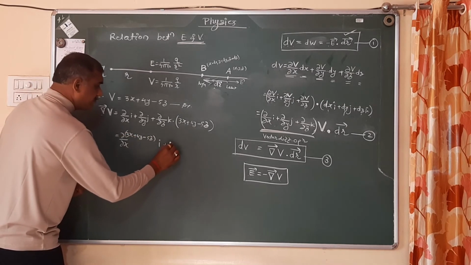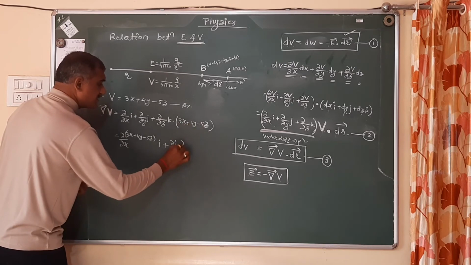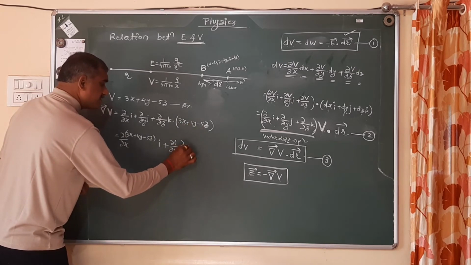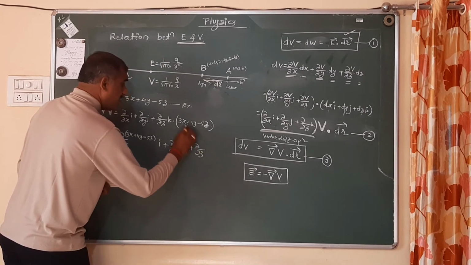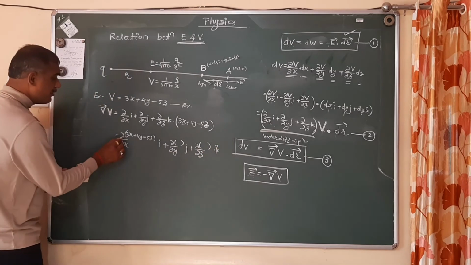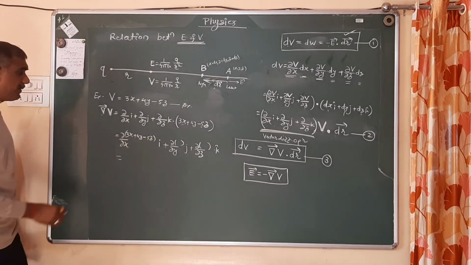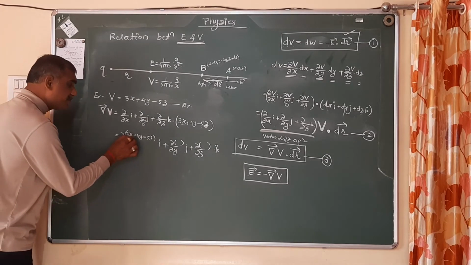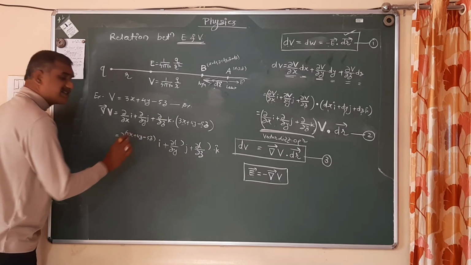Similarly, you have to write plus del y operated on the same function multiplied by j, plus del z operated on the same function multiplied by k. Now we have to solve del x of this part. Del x is nothing but the partial derivative, that means the differentiation of this function with respect to x by taking other variables as constant.